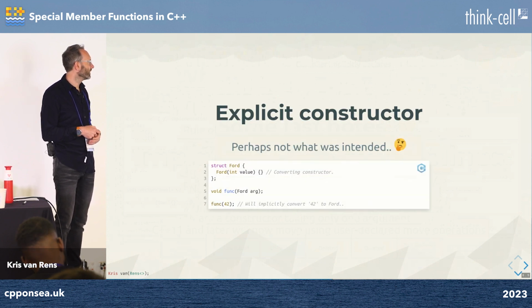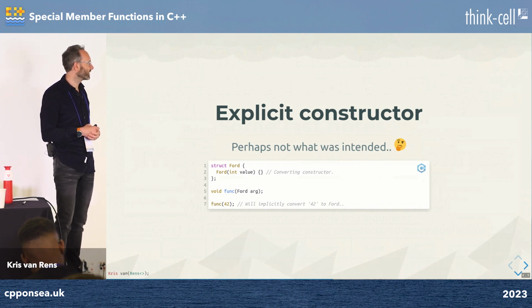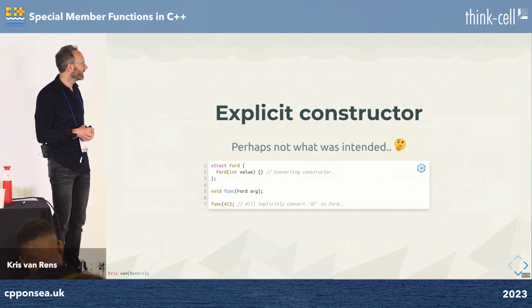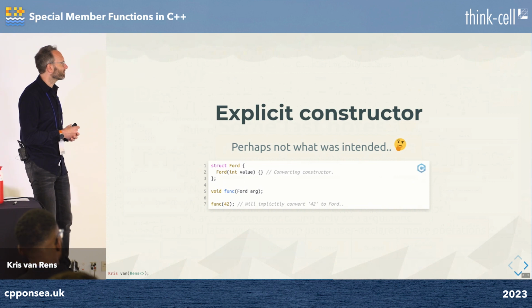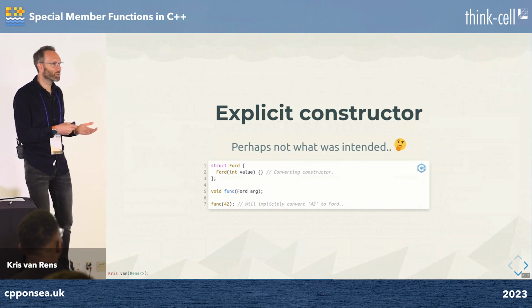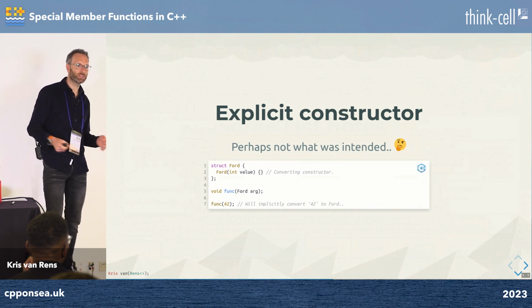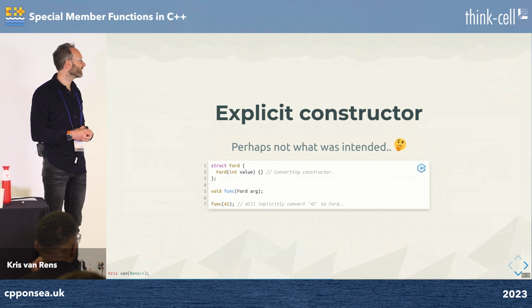For example, here, we have this class, and it takes an integer, a signed integer, as a constructor argument. And we have a function using this class as an argument. Then we were able to call this function directly with a signed integer. But I don't know about you, but this looks really fishy to me. I mean, it's nice that we can do all these implicit conversions, but as a general rule, I think they are a bit evil.